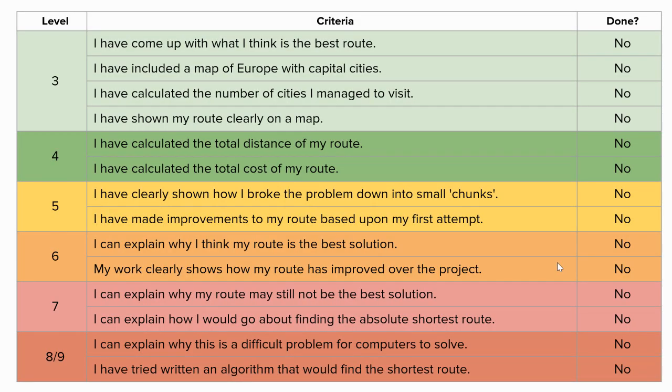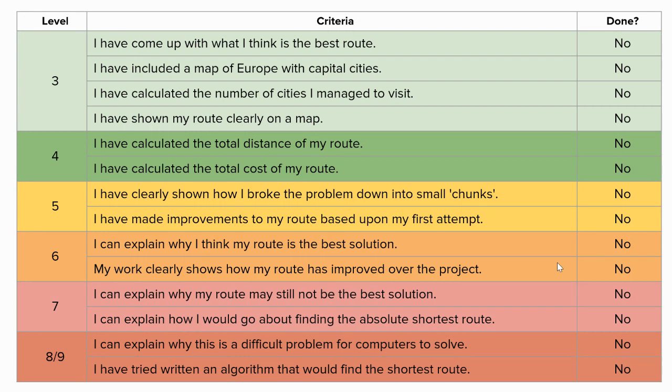So here's your checklist. Levels 3 and 4 are basically the minimum that you need to do for this task. All the rest of it are extra little bits that I'm hoping most of us will get onto and complete. Number 1, come up with a route that you think is best. Number 2, include a map of Europe with capital cities in your presentation.